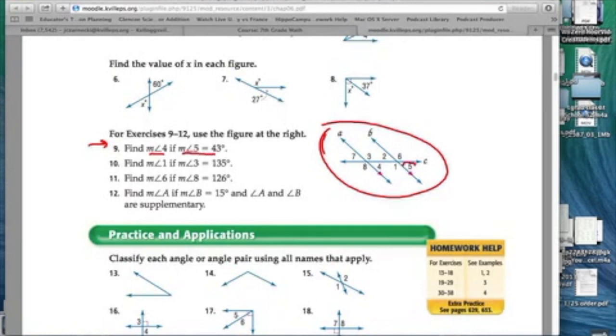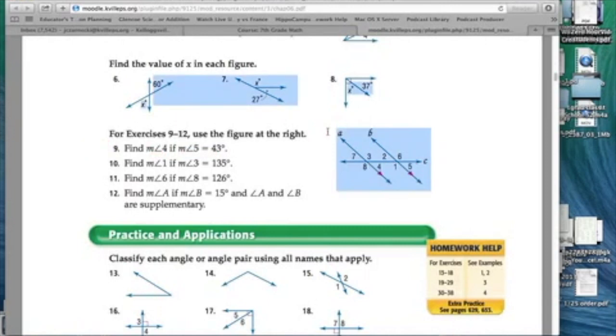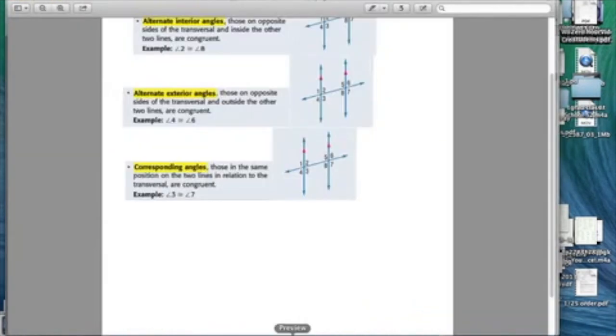Well, I know this one is 43 degrees, and they want me to tell that one. Well, if I go back to my notes, those are going to be corresponding angles. So we come here, we look, and I have corresponding. They are in the same location.